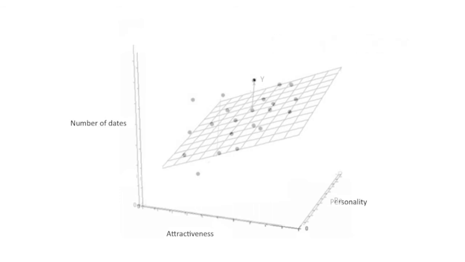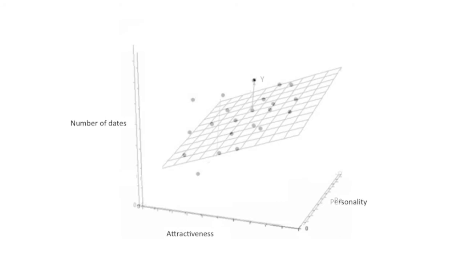So through a process that's similar to the bivariate regression model, I find a regression plane that best fits that three-dimensional set of data points to the number of dates from attractiveness and personality.